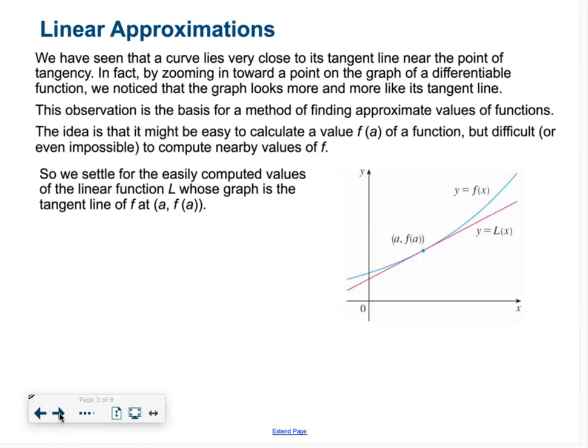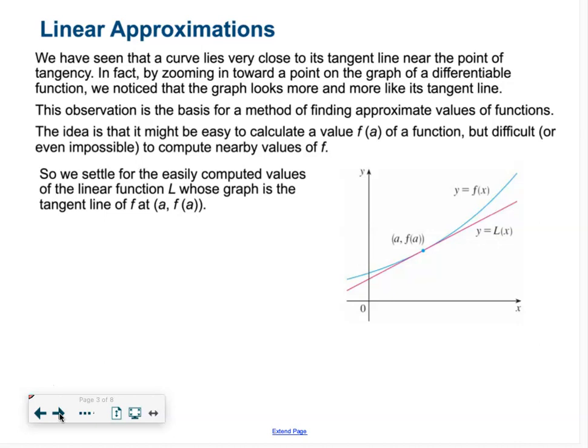Here we go. Linear approximations. Don't write all this down; I'm going to talk a minute. Linear approximation is a fancy way of saying use the tangent line to approximate values on a function. Why would we want to do that?